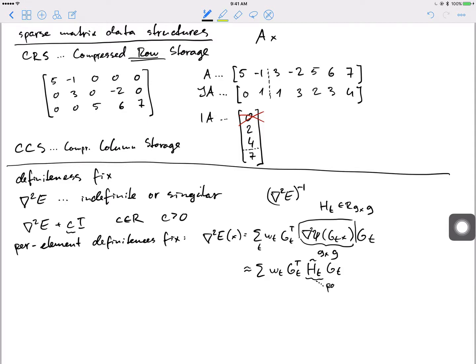Or at least positive semi-definite. It's a little bit easier to explain, positive semi-definite. By the way, this HT, that's the only place where the indefiniteness can come in, okay? Because if all these HTs were already positive semi-definite, then the whole Hessian needs to be positive semi-definite. Is that clear? Or let me explain that.